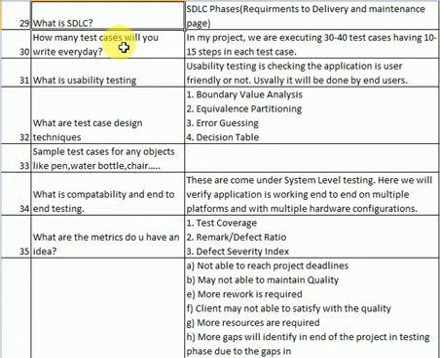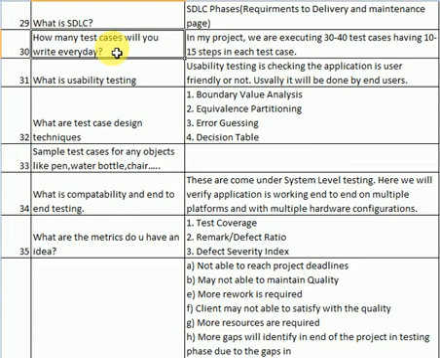Any project we want to deliver to the client, what are all the different phases we have to follow? So these are the various phases we have to follow to deliver a quality product to the customer. You need to explain about all these phases, what are all the different things that are going to happen in each and every phase.